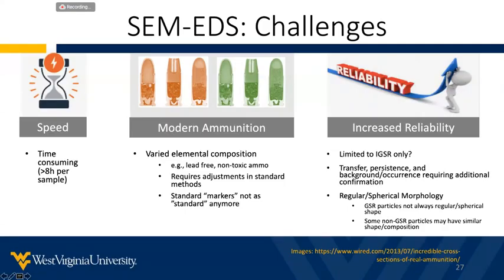SEM-EDS is, in our opinion, no longer the solution for every type of ammunition. The literature has reported that GSR particles are not always spherical, and that some non-GSR particles may share similar shape or composition. As a result, the community is looking for complementary methods for the detection of organic gunshot residues.